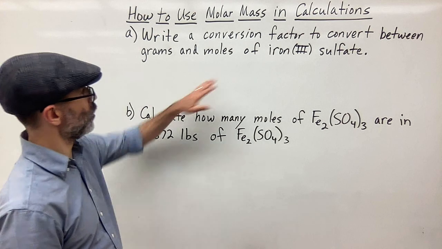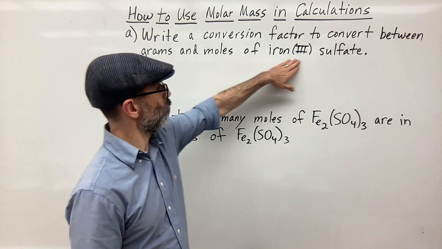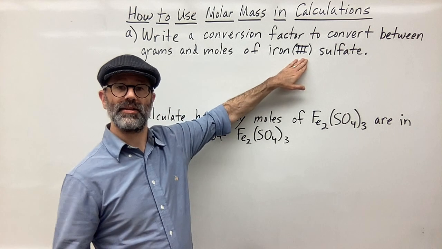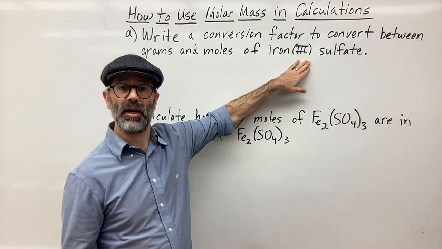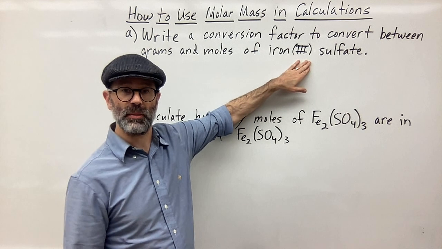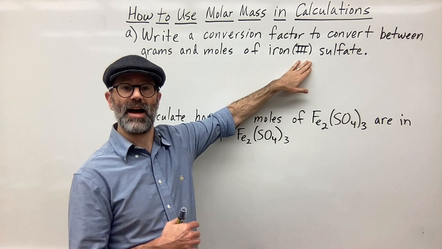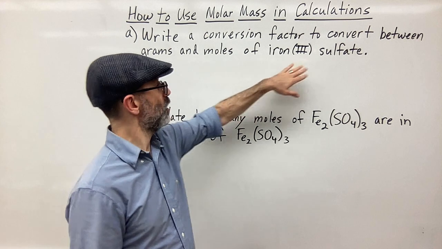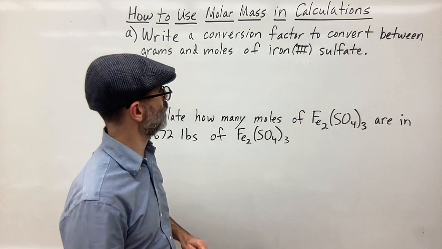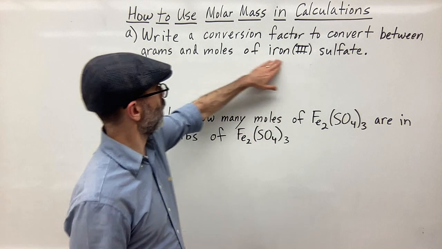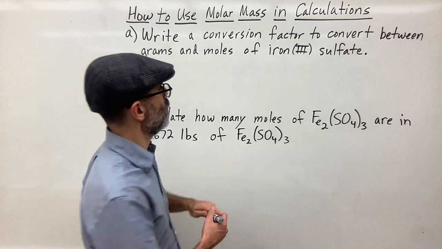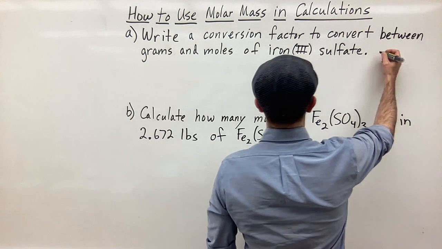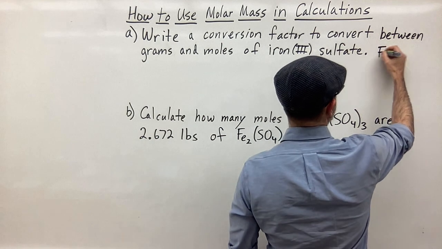As we know, the Roman numeral is a dead giveaway that this is an ionic substance, because we only use Roman numerals for metal ions that are transition elements or elements that have more than one possible charge. So here we have an ionic substance, and we're going to have to convert that to a formula. Here we're going to write down the ions.